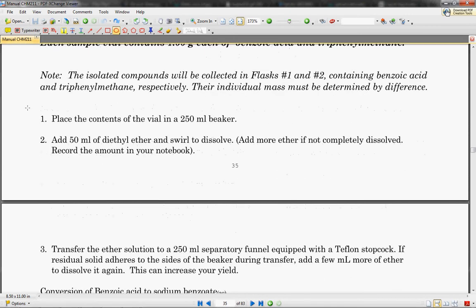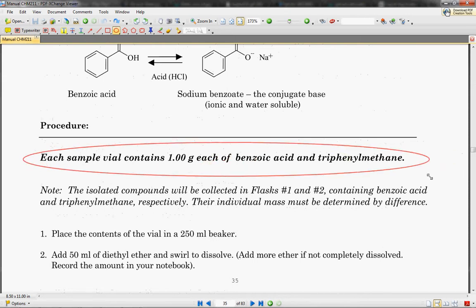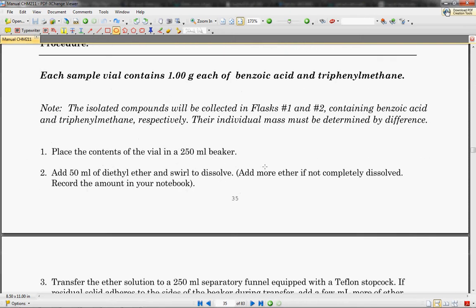So what are we going to do? We're going to take our little unknown vial, which will have 1 gram of benzoic acid and triphenylmethane, which we don't know at what compositions, and we're going to put it into a little beaker. We're going to add 50 milliliters of diethyl ether, and I'm sure you guys actually do know what diethyl ether is, because you've probably all seen it in the movies.